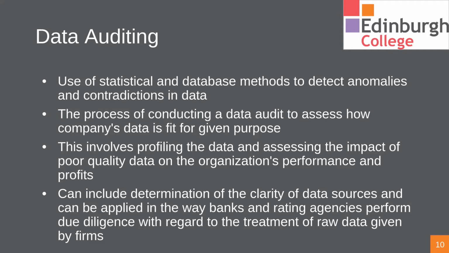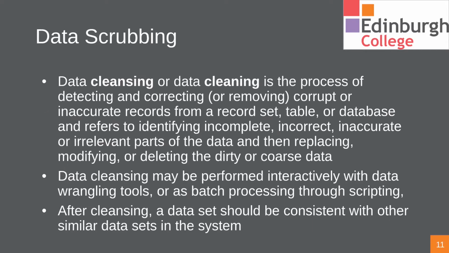Now, let's say we found a lot of data that wasn't great. We can use a process called data scrubbing. Data scrubbing, data cleansing, data cleaning is the process of detecting and correcting or removing corrupt or inaccurate records from a record set.